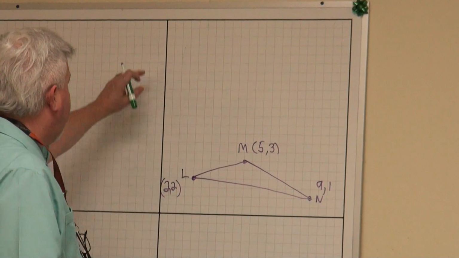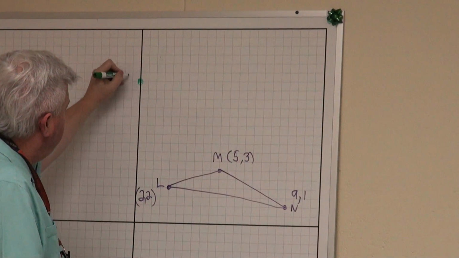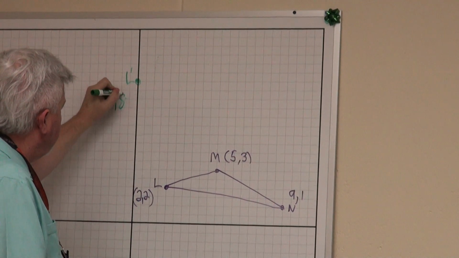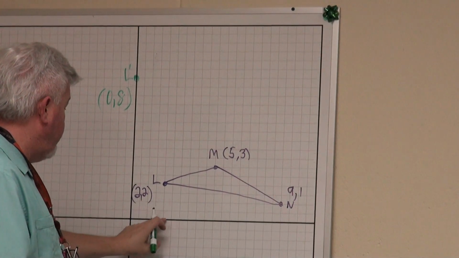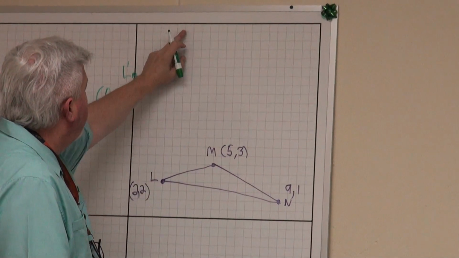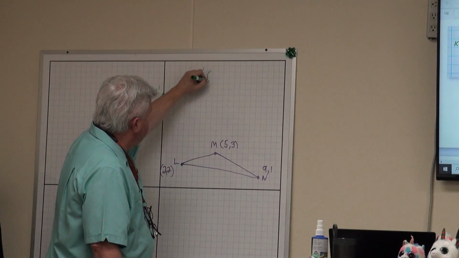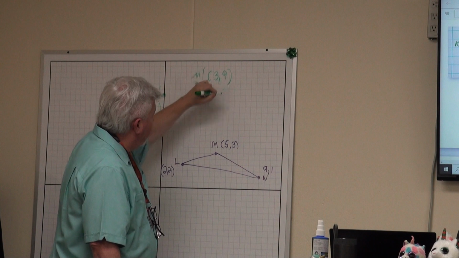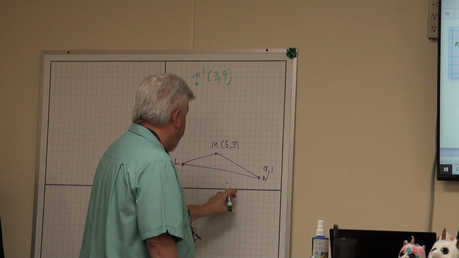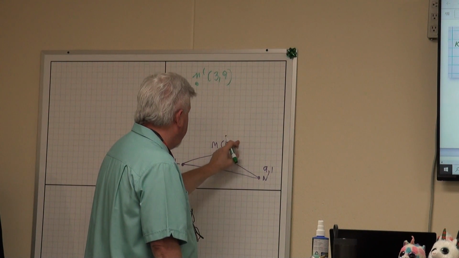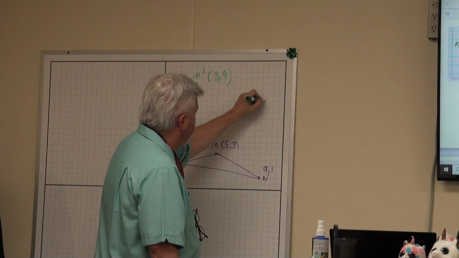So 0, 8 for L prime is here. M prime at 3, 9 is all the way up here. And then 7, 7: 1, 2, 3, 4, 5, 6, 7. There's N prime at 7, 7.